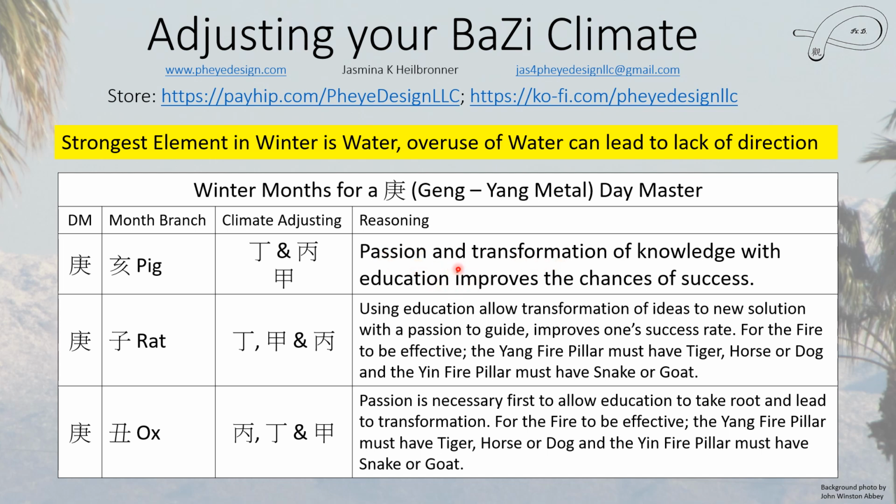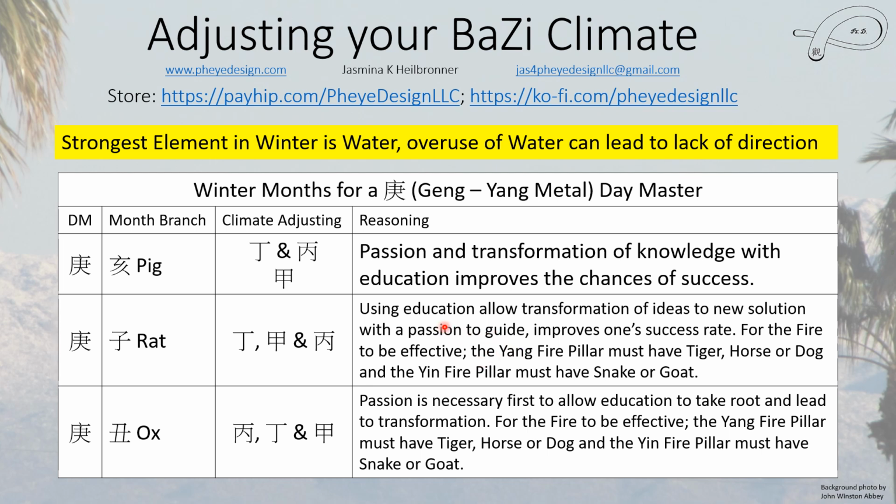And you do need the passion because otherwise this is a cold month, metal needs some heat. So you tend to be a little bit, I guess you could say, lazy or unmotivated to really work. So definitely you need passion. For the gunmetal born in the month of the rat, it's the same thing, but it's a slightly different order. Here, education is a little bit more important.